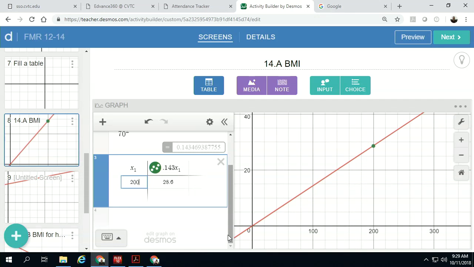So what number does it say a healthy BMI is? I thought it was on 14A at the top, but I could be wrong. Between 18.5 and 25. So I want to make my weight such that it gets the BMI down to 25.